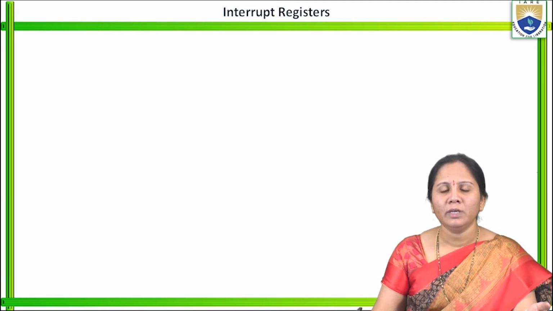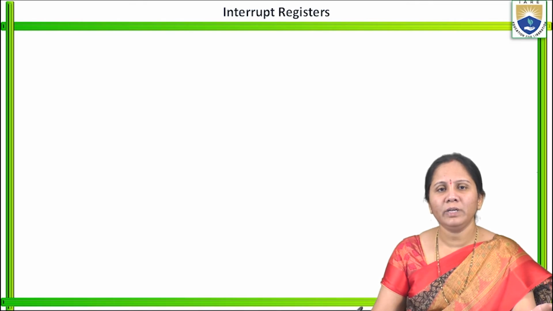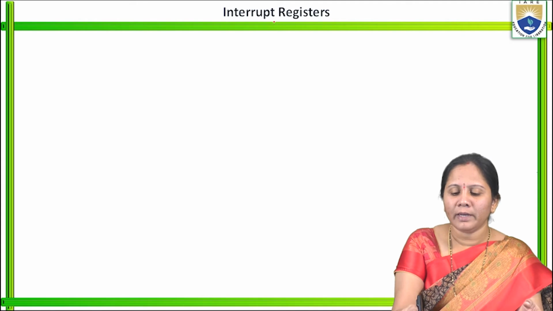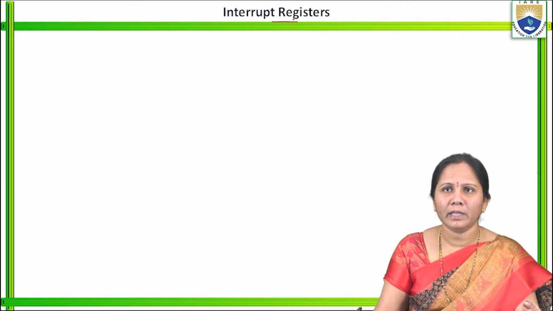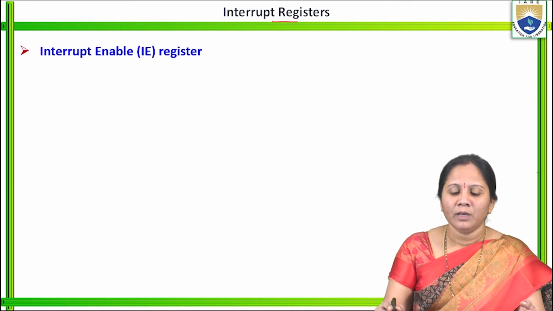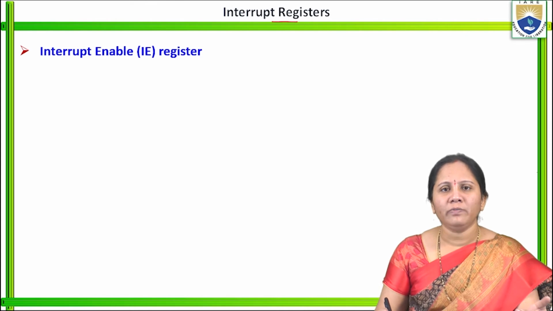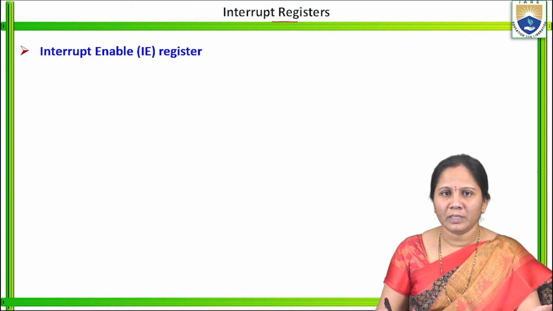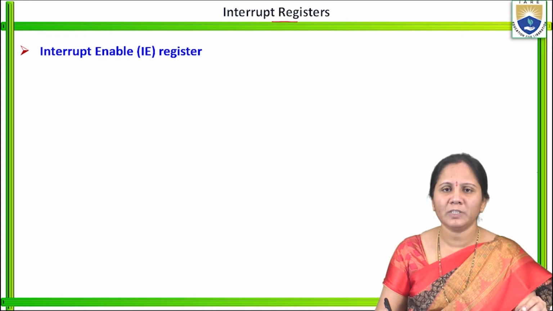Now coming to the next interrupts in the interrupt vector table. Next we have 2 interrupts related to timers, 2 external interrupts, and 1 interrupt related to the serial port. And here are the different interrupt registers. In order to configure those interrupts, we have two important interrupt registers.